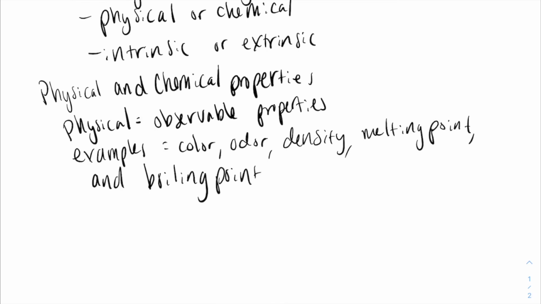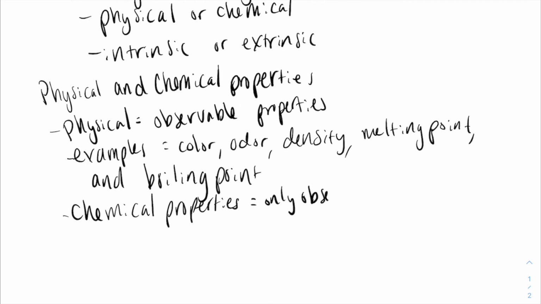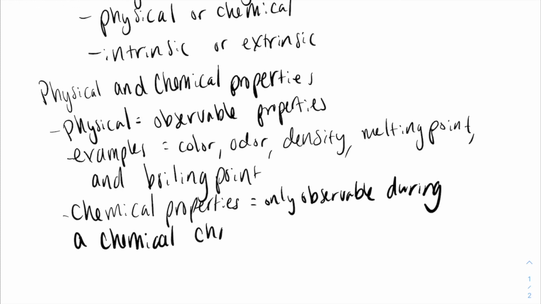Okay, and then our chemical properties are going to be ones that are observable only during a chemical change. So we have to cause a chemical change to occur in order to see these properties.